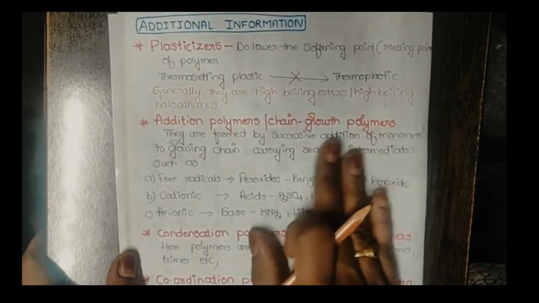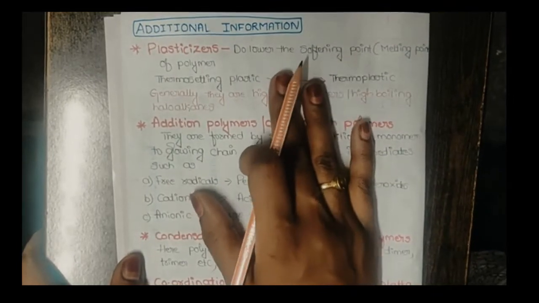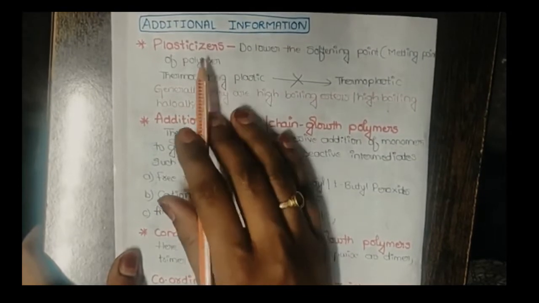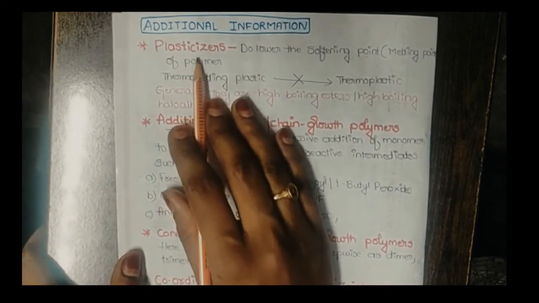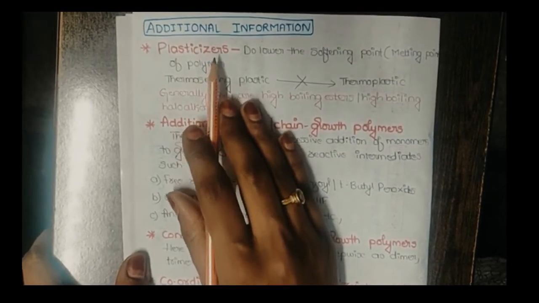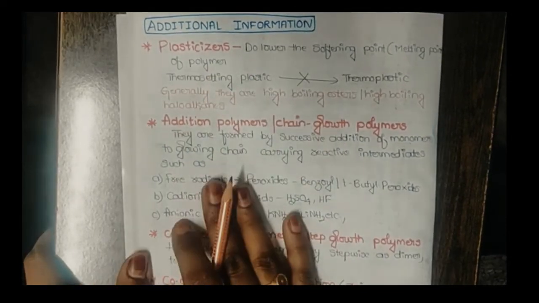Okay, so let us look at the content which is covered for your NEET and JEE as additional information. You should know about plasticizers. What do you mean by plasticizers is, they are nothing but used for lowering the softening point.